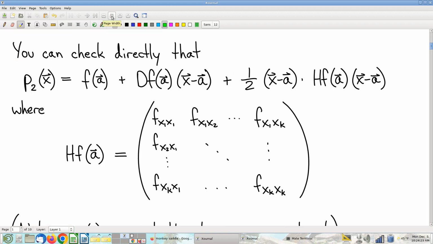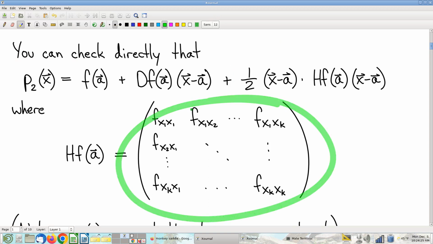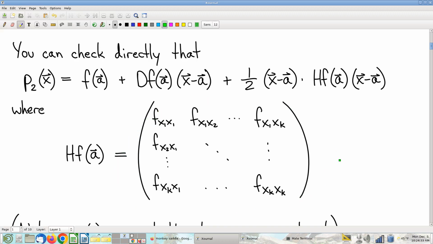So notice this matrix is made up of second derivatives. Notice how it's arranged. By the way, it's exactly what you would think it is. Good news, you don't have to worry like you do with Jacobian matrices. Did I transpose it or not? Did I accidentally do this right here and get it the wrong way?